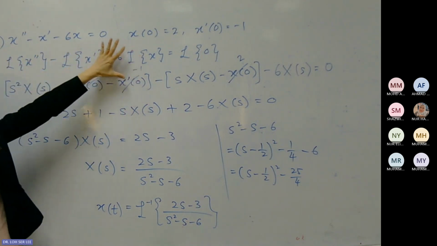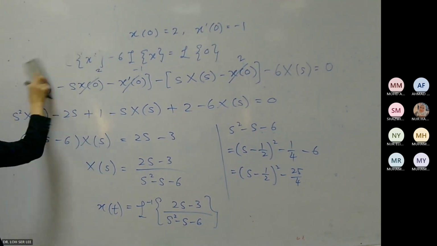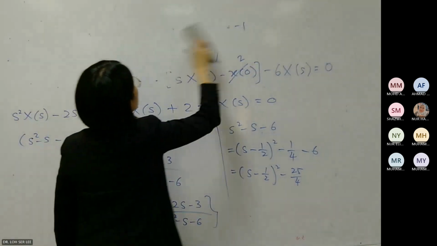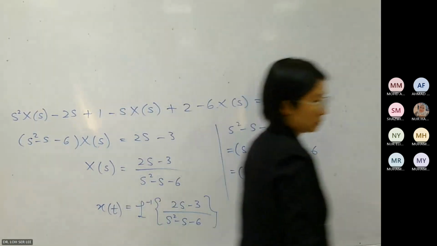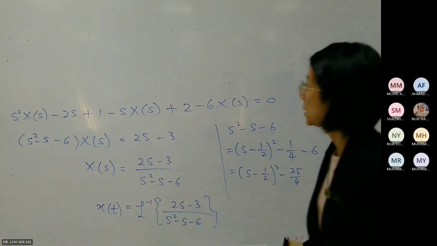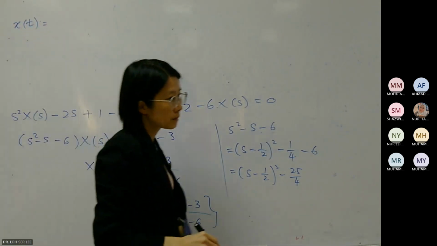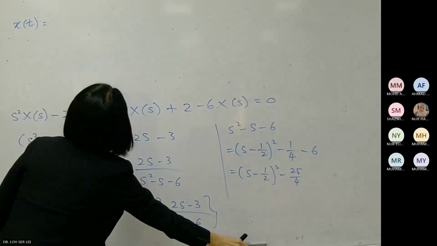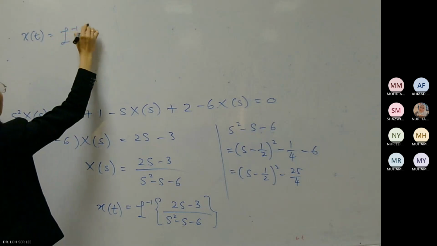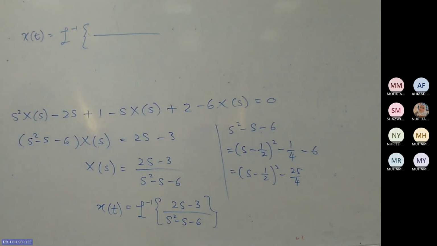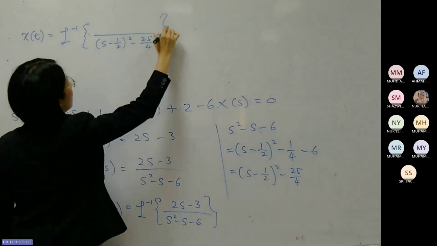And continue here. Okay, so your x(t), if we have changed the denominator into this, s minus half squared minus 25/4.